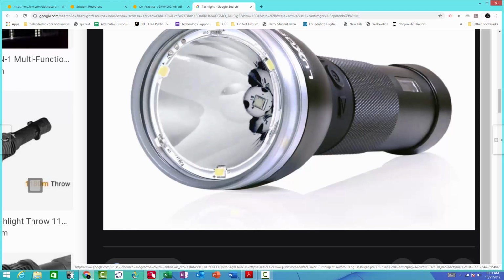So a flashlight, guys, if you look at one, takes the shape of a parabola. We all know what a parabola looks like, and if you spun it on its vertex, you'd get the shape inside of a flashlight.